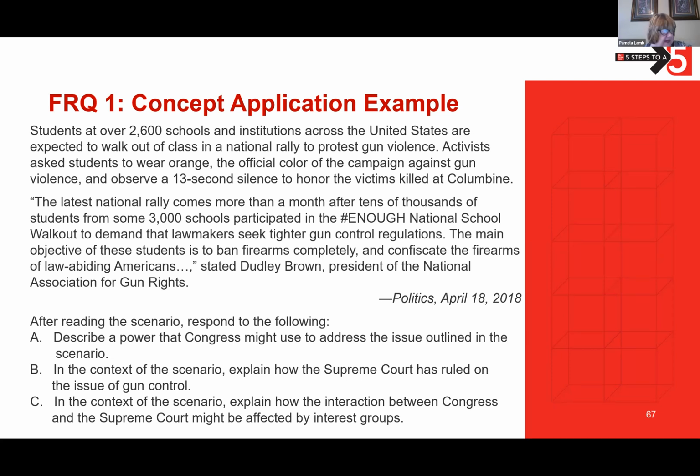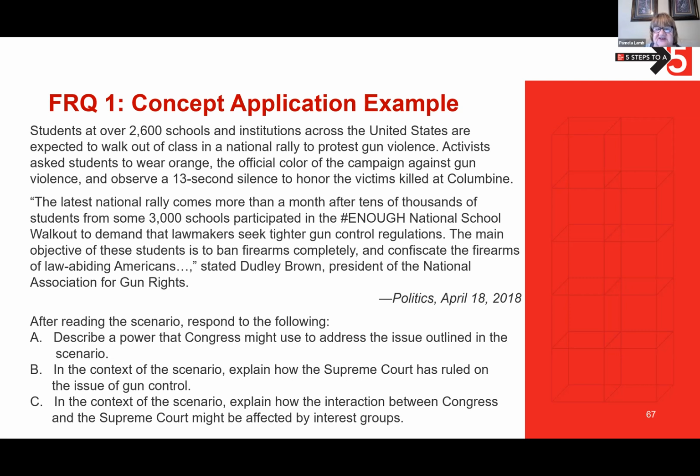So based on that scenario, they've given you everything you need to know. They're asking you to do three things. What's a power that Congress could use to address the issue? Okay. Congress could pass a law. Congress could hold hearings. To do what? To address gun violence.